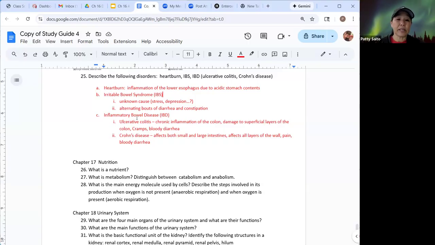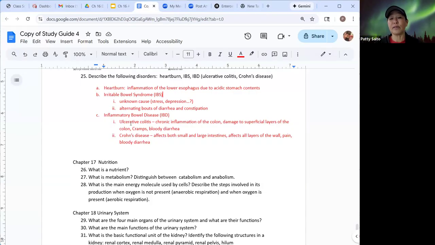All right, inflammatory bowel disease, IBD. So irritable versus inflammation. So inflammation here is where chronic inflammation can cause damage. So if it's in the colon, ulcerative colitis, right? Colon and itis is inflammation of the colon, and it results in ulcers.